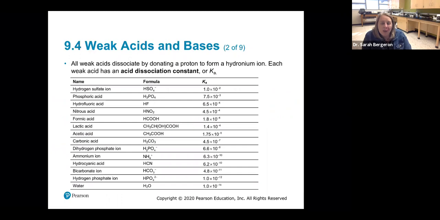So all weak acids are going to dissociate a little bit. They do that by getting rid of that hydrogen ion, or that proton, and that proton can dissociate and form a hydronium ion. We give a value to that dissociation constant: the concentration of the dissociated over the undissociated.